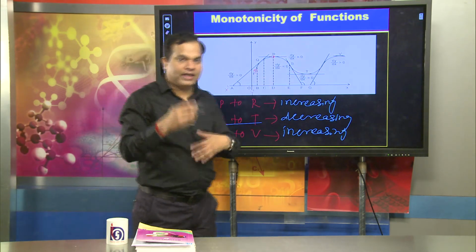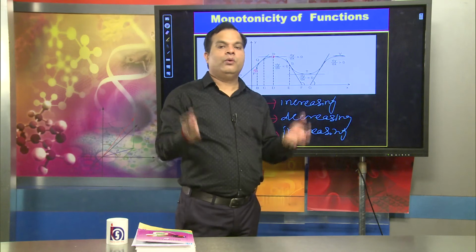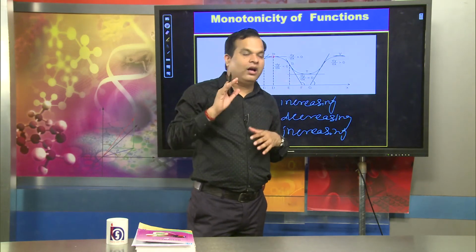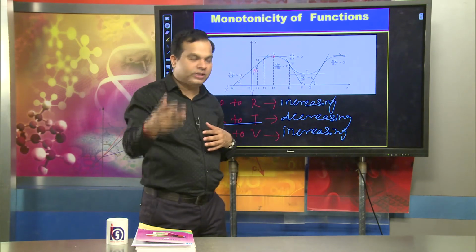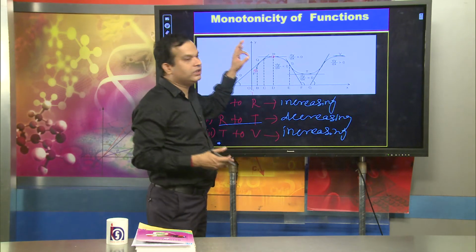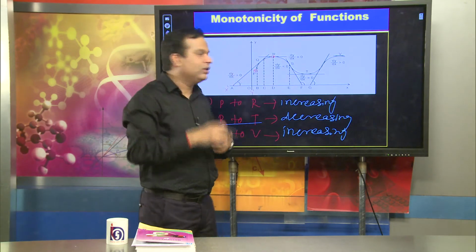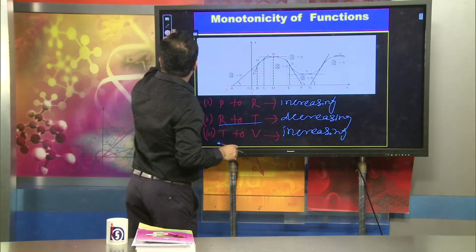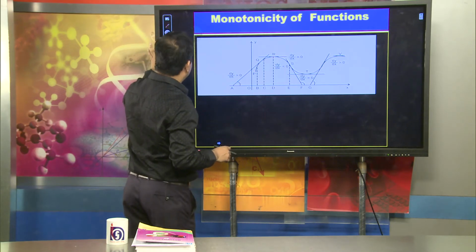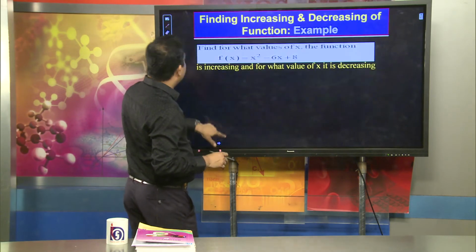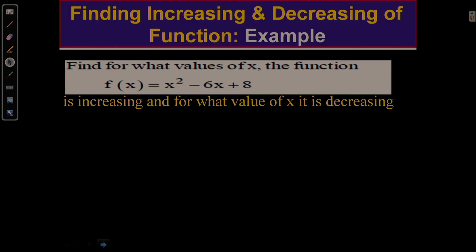We will take an example. From this example we will clearly understand in which situation we can find the monotonicity of the function. Let's see, in the example of finding the increasing and decreasing nature of a function, how do we find it?